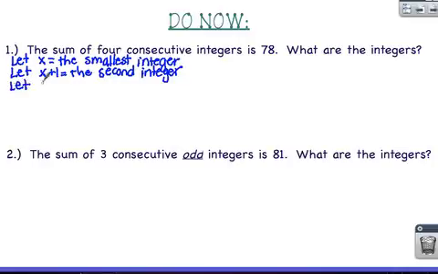And then I'm going to let x plus 2, since it's going to be one more, be the third integer. And then I add one more and get let x plus 3 equal the fourth or biggest integer.